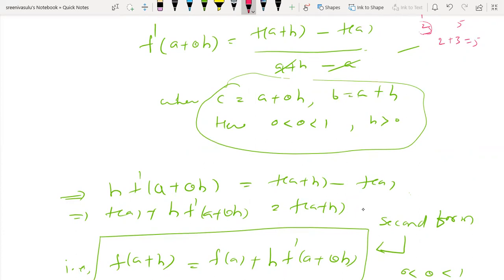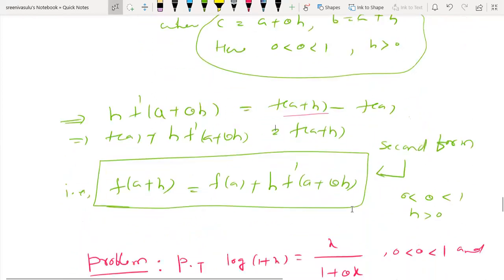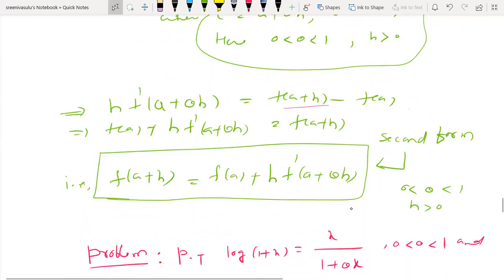Take cross multiplication. We get h·f′(a + θh) = f(a + h) − f(a). So keep f(a + h) on one side and move the other factor to the other side. That means f(a + h) = f(a) + h·f′(a + θh). This is the second form of Lagrange's mean value theorem.